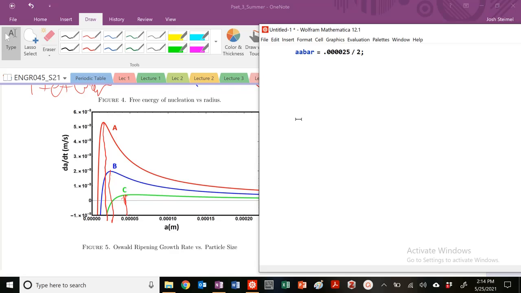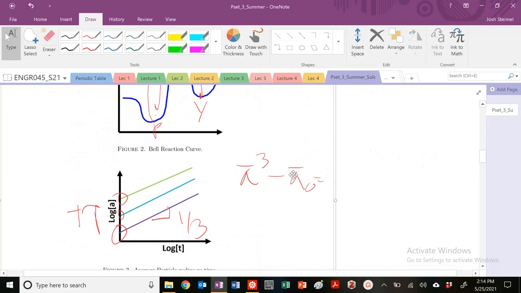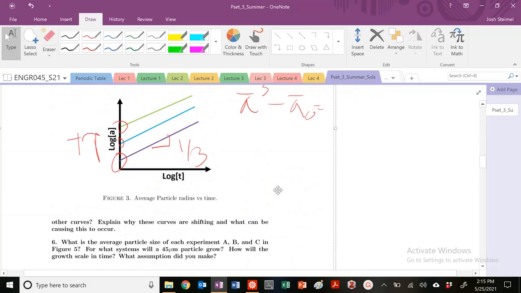For B, let's call the A bar 0.0023 divided by 2. For C, A bar equals 0.12345 divided by 2.